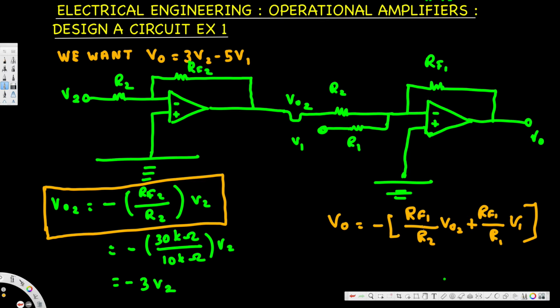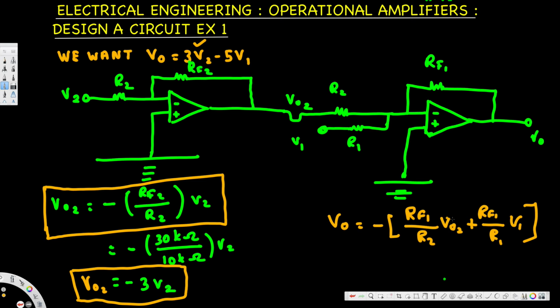Now here we know that RF1, okay, we don't know, we want this ratio to be 1 because this is our VO2 value, this is negative 3V2. For the first value we want 3V2. In order to get 3V2 we have to make this ratio 1.